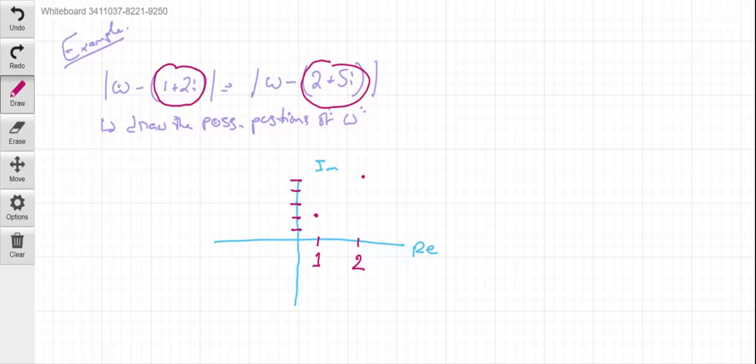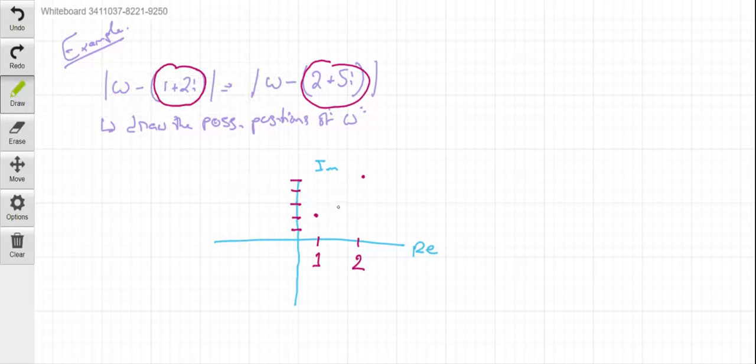And apparently, W, and hopefully by now you've understood, should translate to something like W is in a position such that its distance from 1 plus 2i is equal to that from 2 plus 5i. In other words, W should be equidistant from these two complex numbers. So hopefully by now you've understood the relationship between this equation right here and the translation that I've just mentioned.